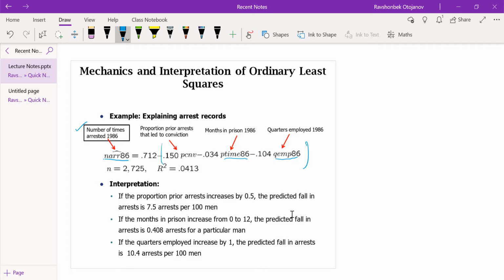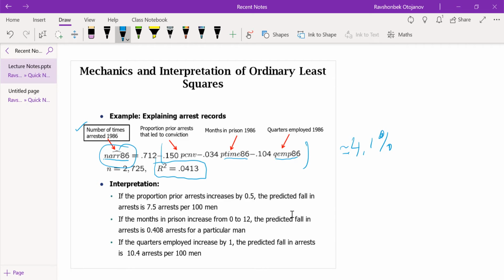Taken together, these three variables as a model do not explain much of the variation in arrest numbers. Basically, only approximately 4.1% of the variation in the number of times a person was arrested in 1986 is explained, jointly by these variables.